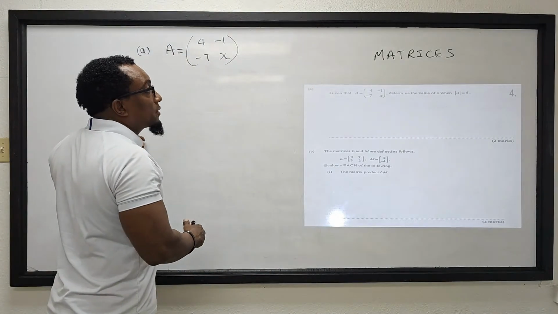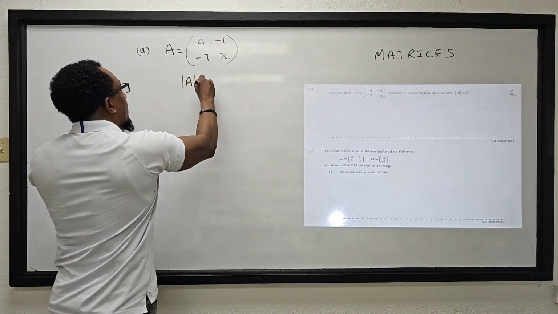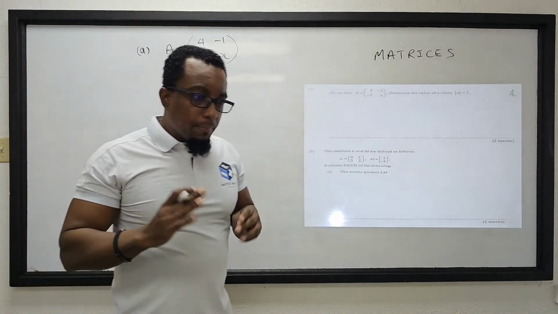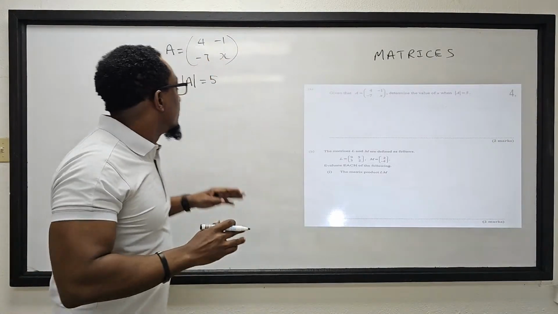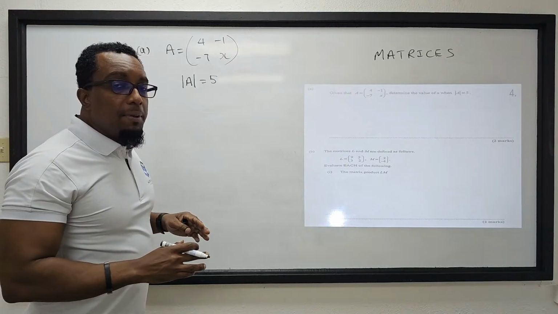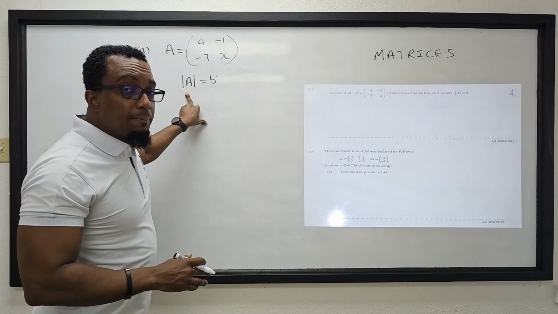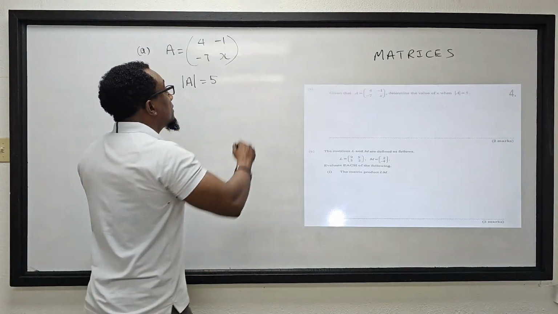Determine the value of x when the determinant equals 5. When students see those two parallel lines on either side of the matrix, this means the determinant of matrix A. And you know what the determinant of a matrix is?